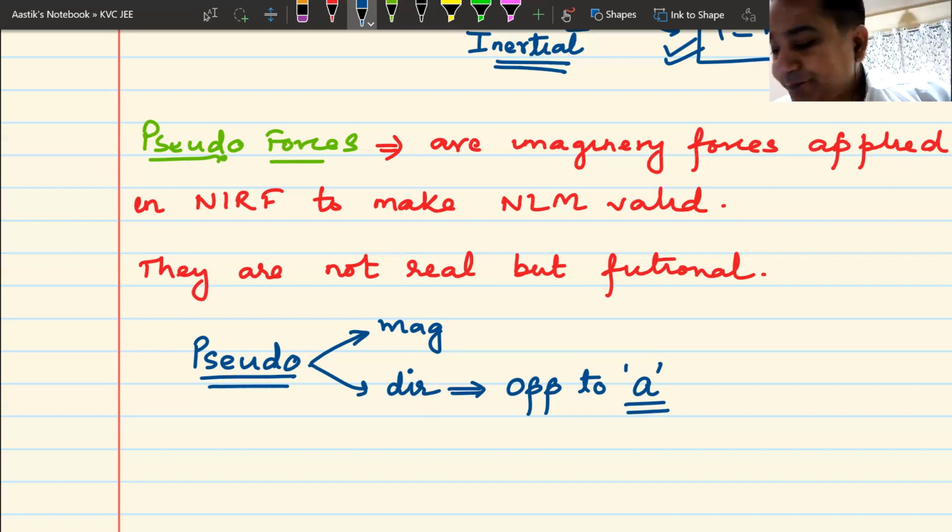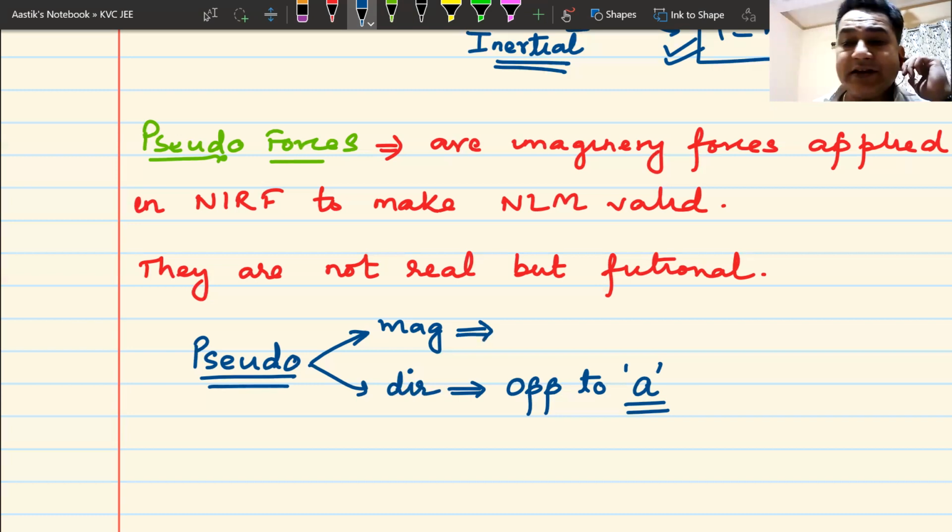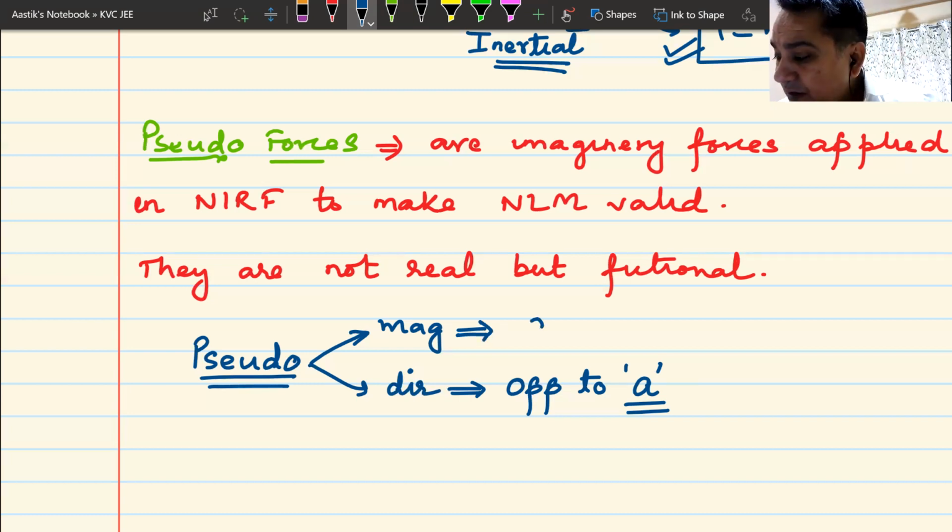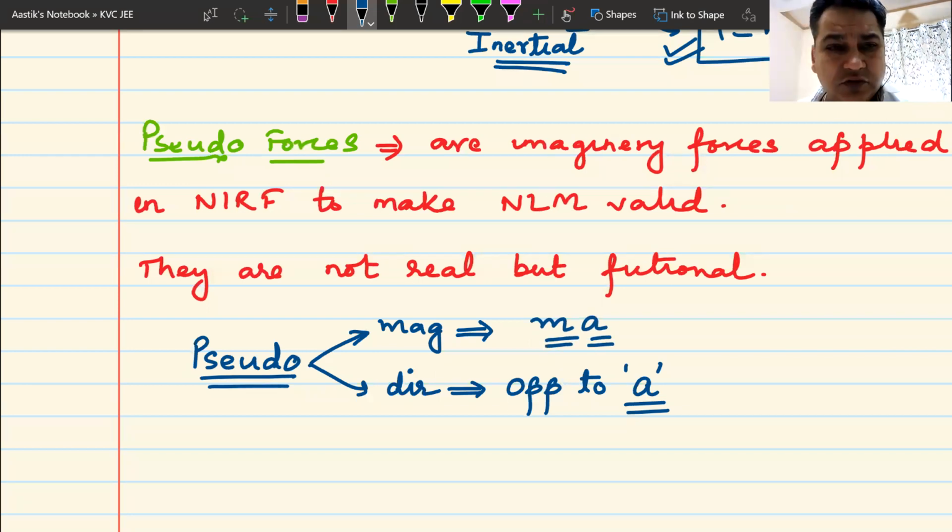Do we understand this? Okay. What is the magnitude of pseudo force? Magnitude of pseudo force is m multiplied by a. m is the mass of the body whose equations you are making. a is the acceleration of your reference frame.